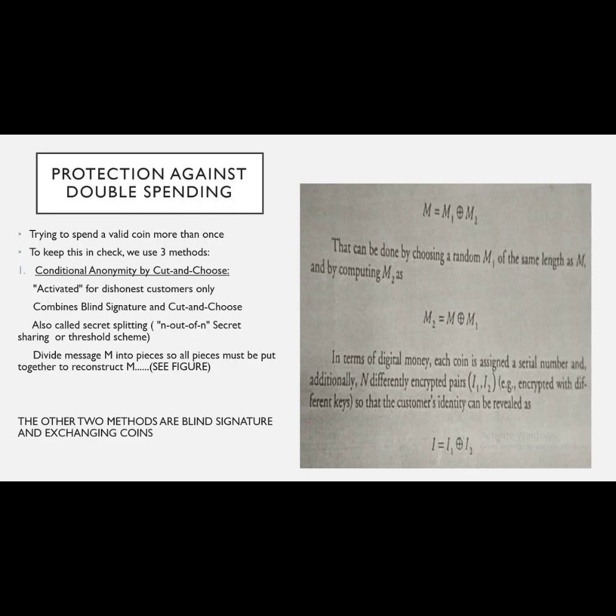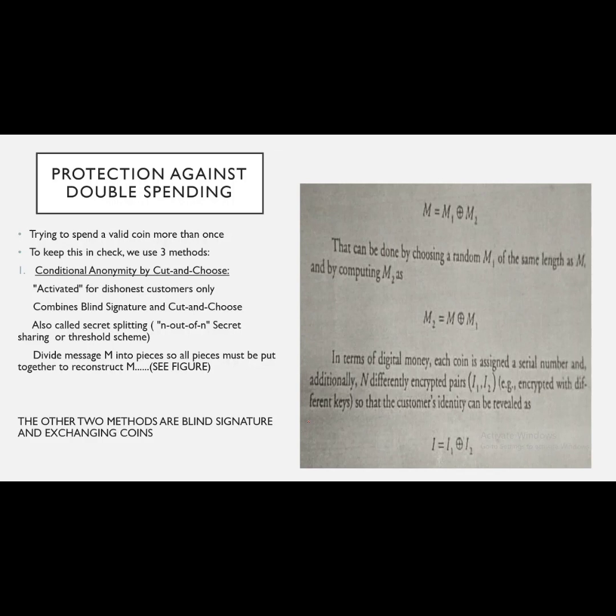In terms of digital money, each coin is assigned a serial number I and n differently encrypted pairs I1, I2, etc. If the customer is making a dishonest transaction, then his identity can be revealed using the formula I equals I1 plus I2.